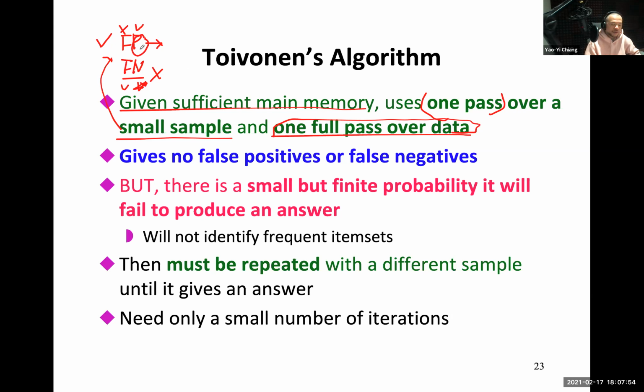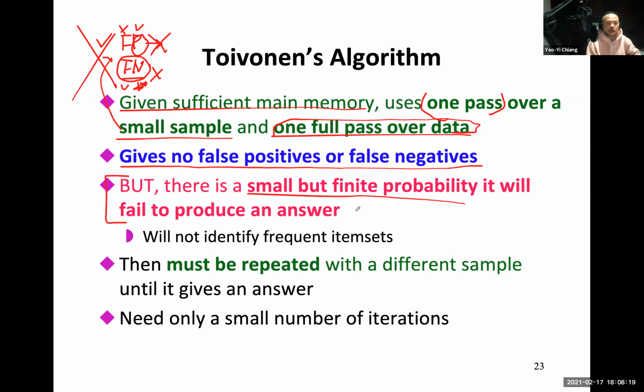So we are able to remove false positives, but we cannot really remove false negatives, okay? The Toivonen algorithm will help us eliminate both of these. So it will give us no false positives or negatives. However, there is a small chance that the algorithm will fail to produce an answer.